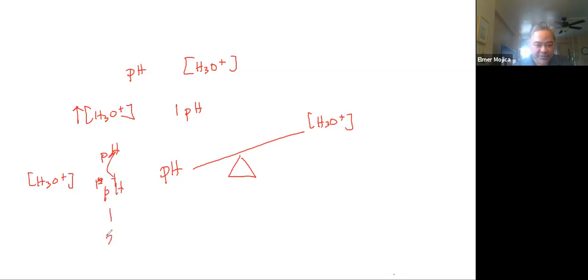And what's the hydronium concentration when the pH is equal to 2? pH of 1, I think you get this one, right? pH equal to 2, you get this one. Am I right?